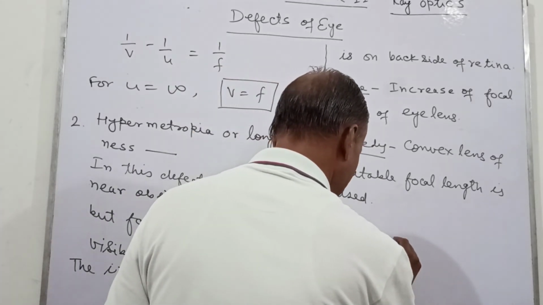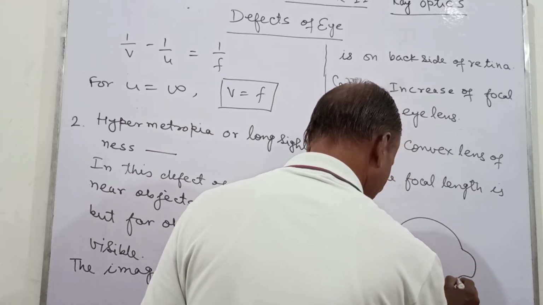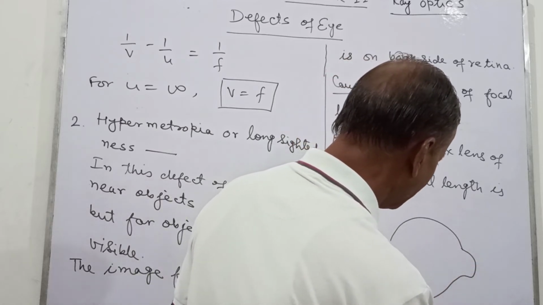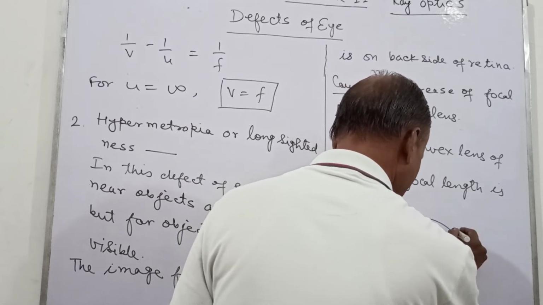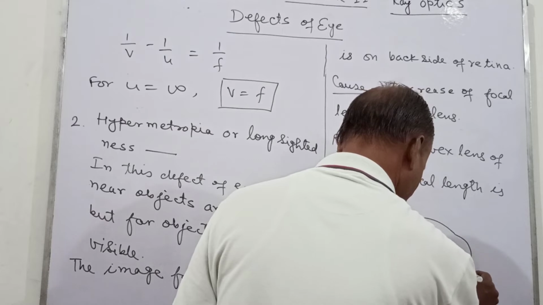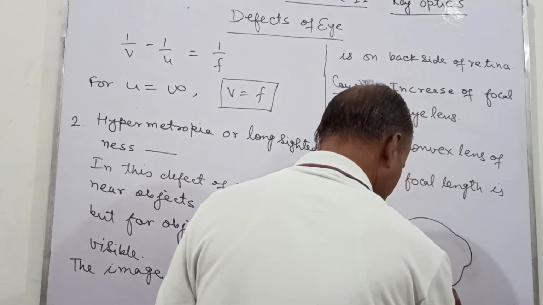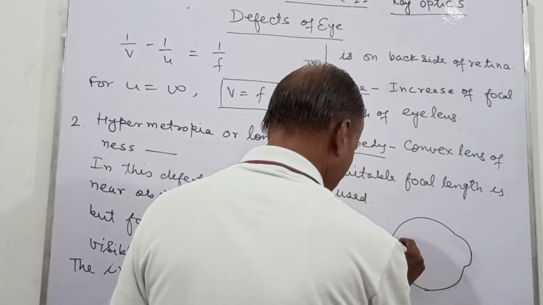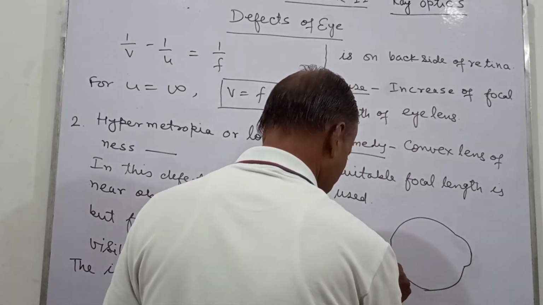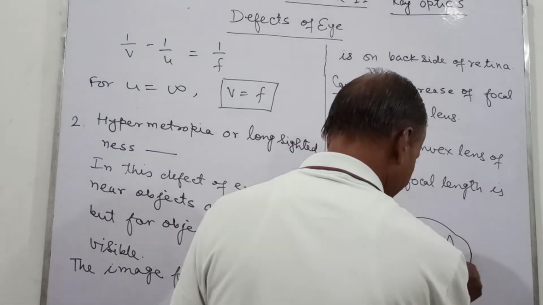इसमें आपकी इस तरह से ये आई है, ये इसका प्रकाश नाड़ियाँ हैं और यहाँ पर ये लेंस है.